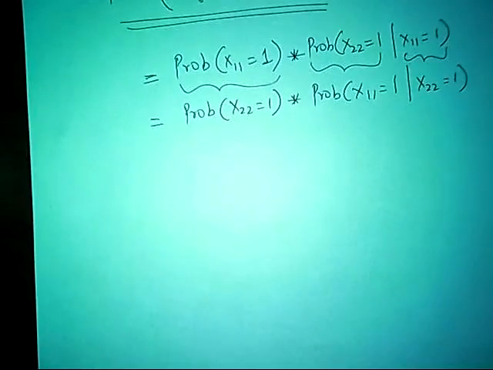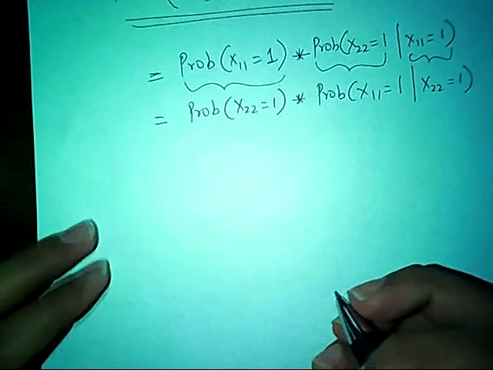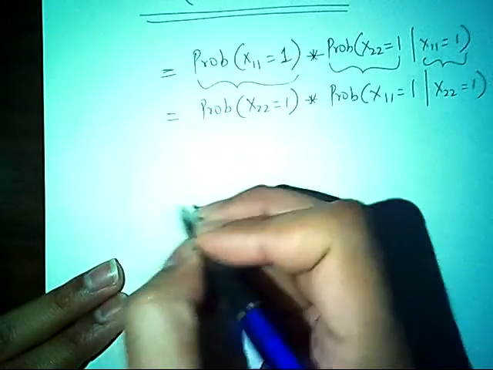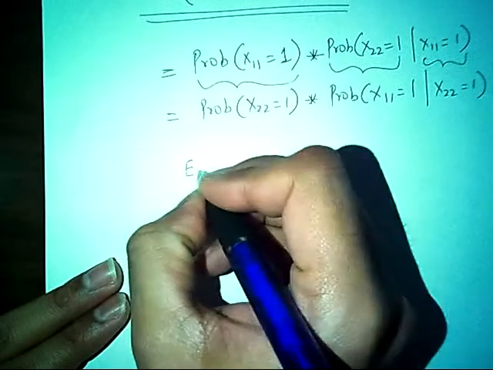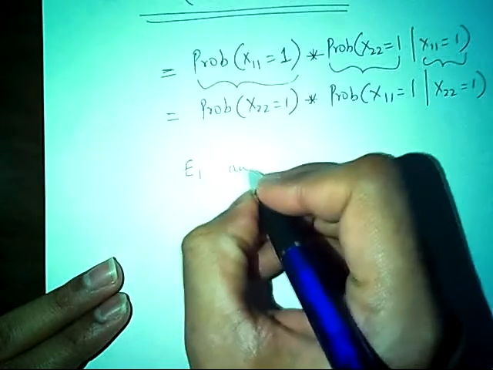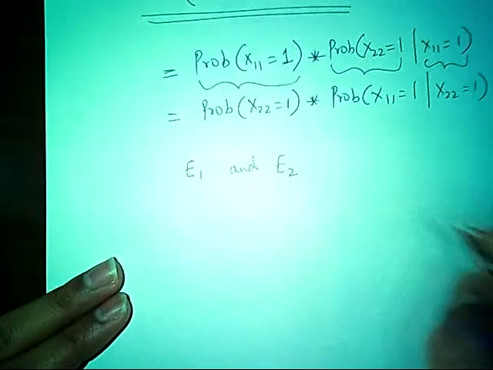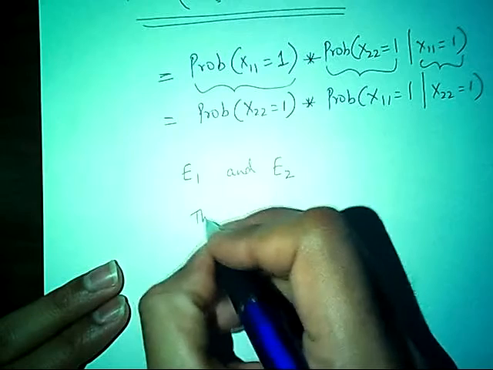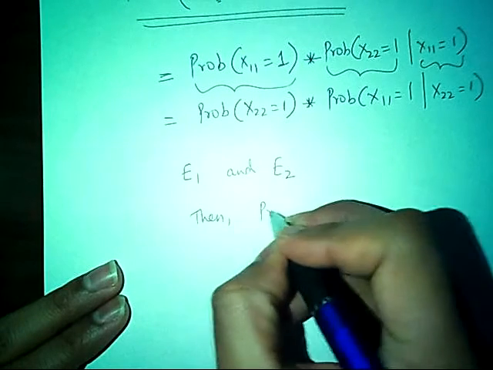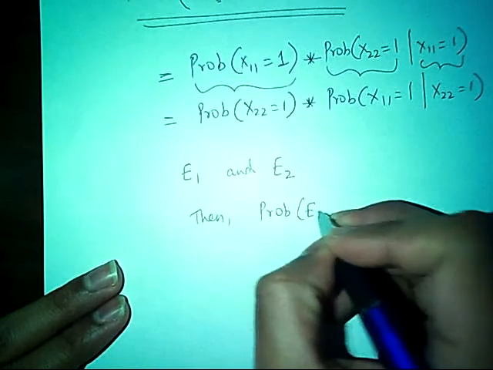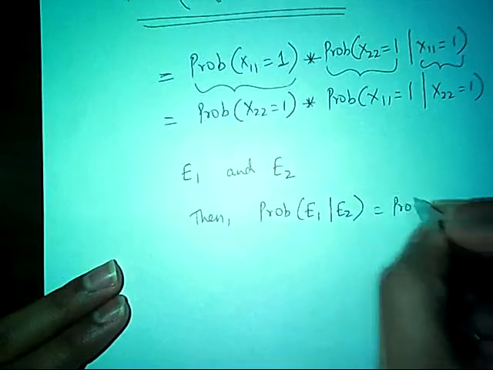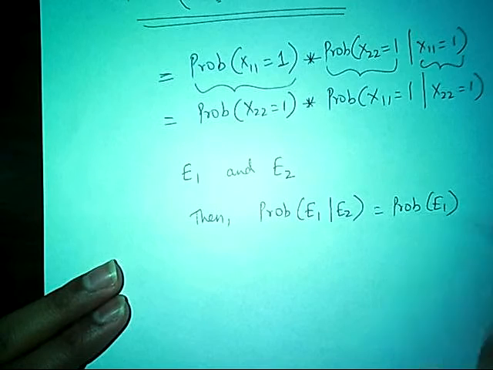one last property that we'd like to know is this. When you have two events, E1 and E2, if these two events are independent, then you have probability of E1 given E2 equals probability of E1.